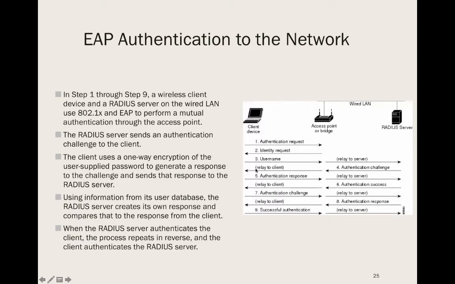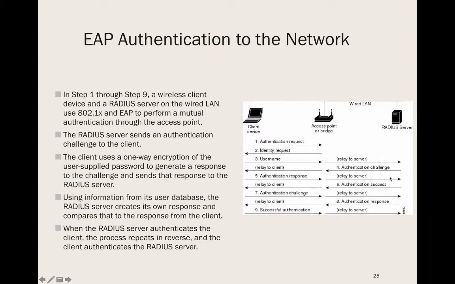The RADIUS server sends it to the access point, and the access point relays that to the client. The client uses a one-way encryption of the user-supplied password to generate a response to the challenge and sends the response to the RADIUS server.